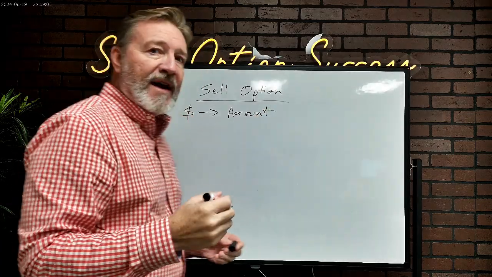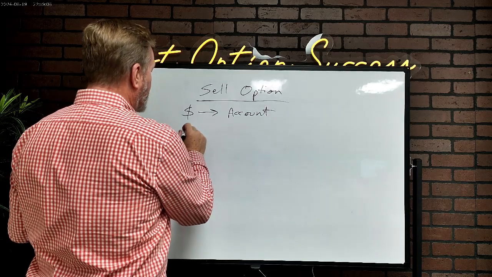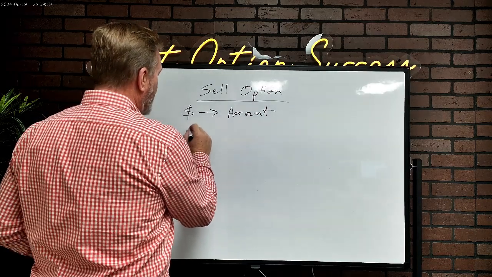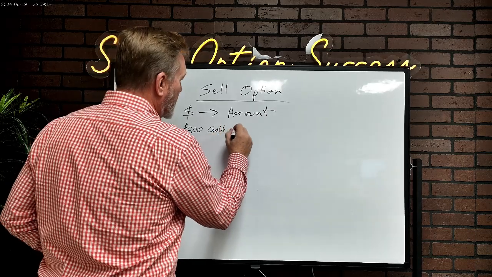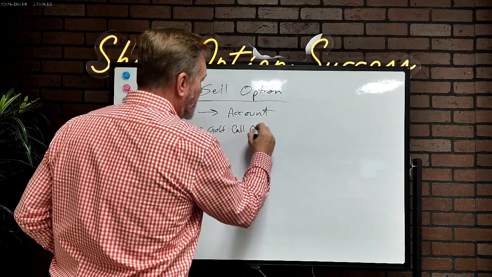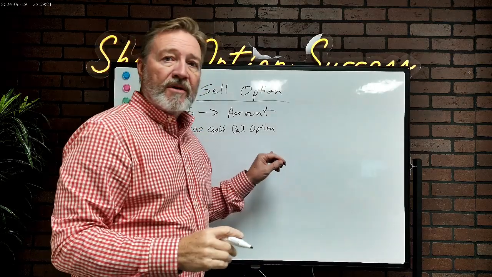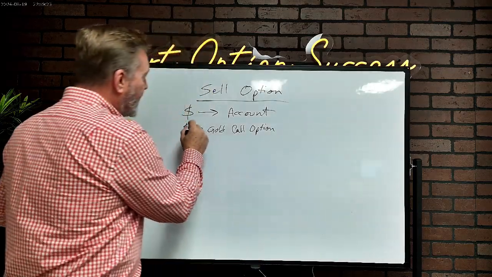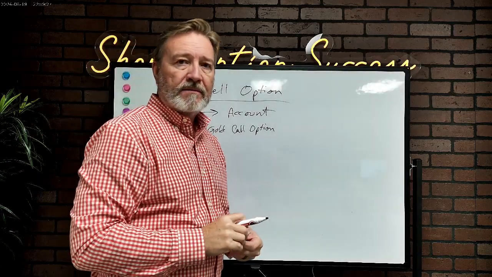Okay, so say I sell a $500 gold call option. When I put that trade on and it's filled, that $500 goes directly into my account.